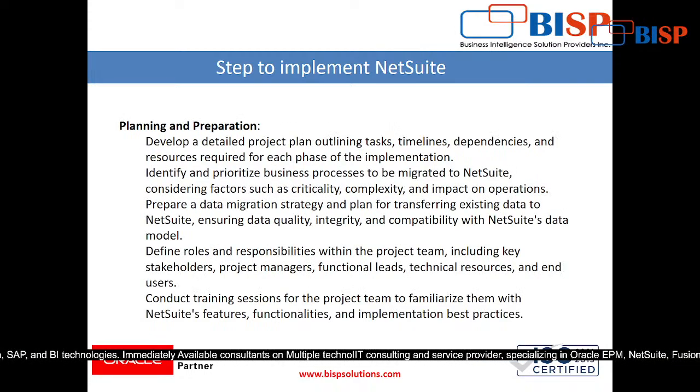Develop a detailed project plan, outlining tasks, timelines, dependencies and resources required for each phase of the implementation. Many times the client says that they want to integrate NetSuite with their Python project, because they have been using a Python website for the last 20 years and don't want to retire it.